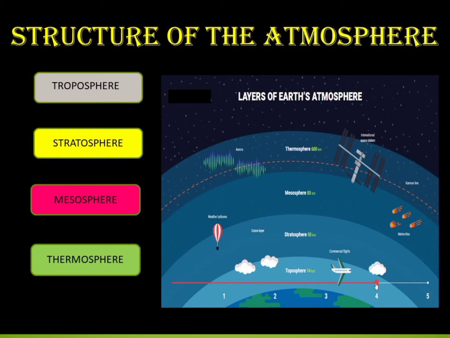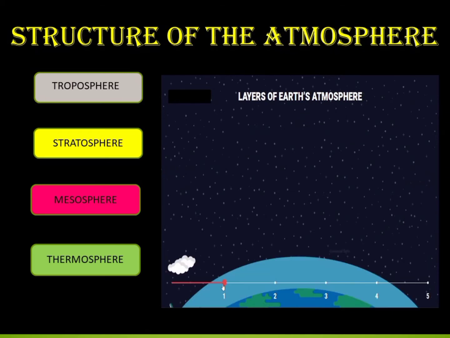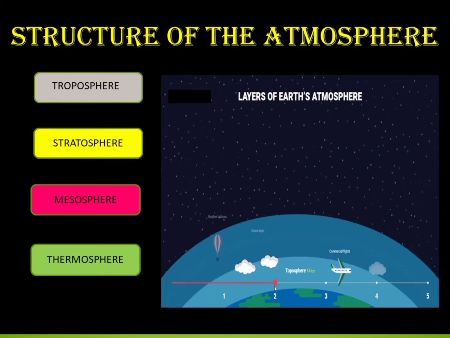The larger the number of air molecules per unit of volume, the greater will be the density of the atmosphere. The denser air remains closer to the ground and the density of the air decreases as you go upwards. So, there are 4 major layers of the atmosphere of the Earth, and they are troposphere, stratosphere, mesosphere and thermosphere.